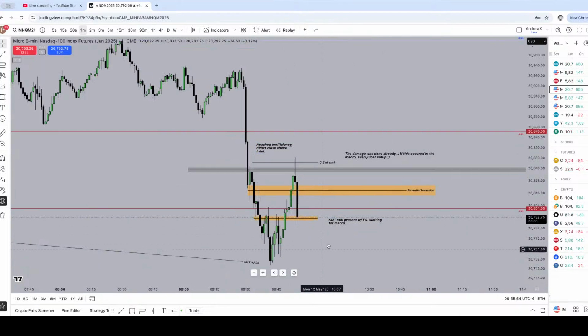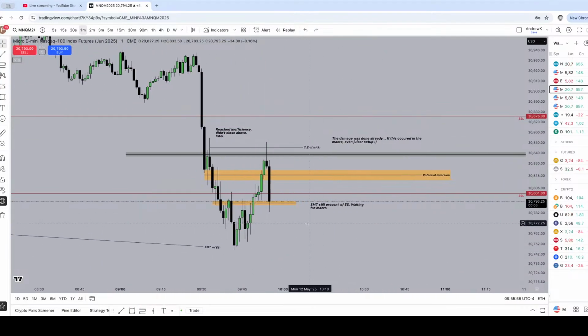Okay. So you can still get down here. Let's see. Let me look at ES again. Still study this. I still want to watch these lows down here, these equal lows.